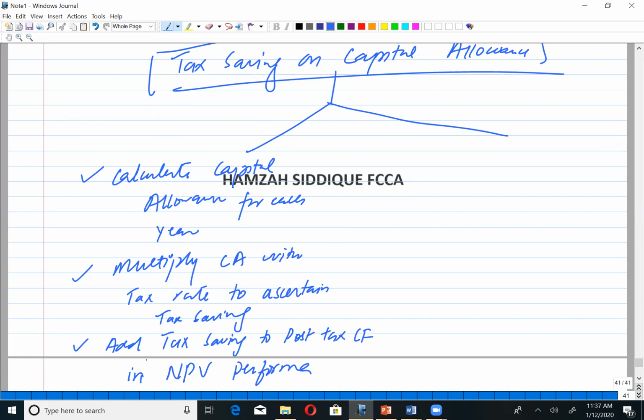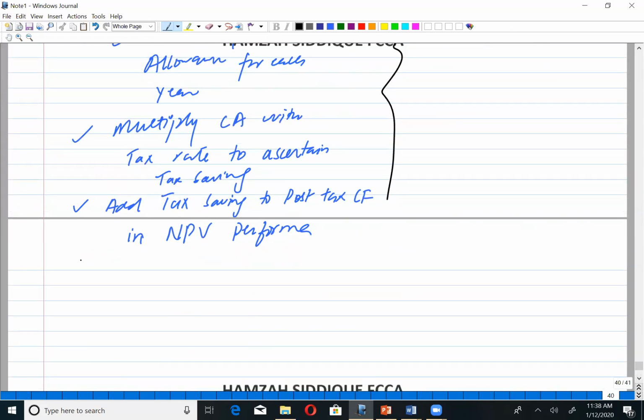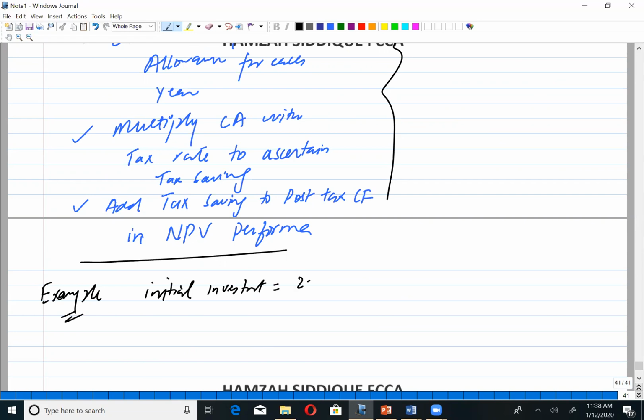Next, I will calculate it. Just see here. For example, a machinery initial investment is 200,000, or 200 million.